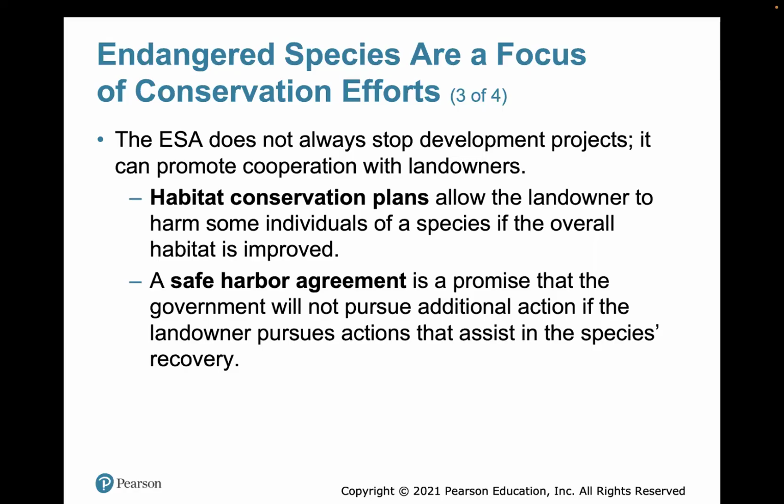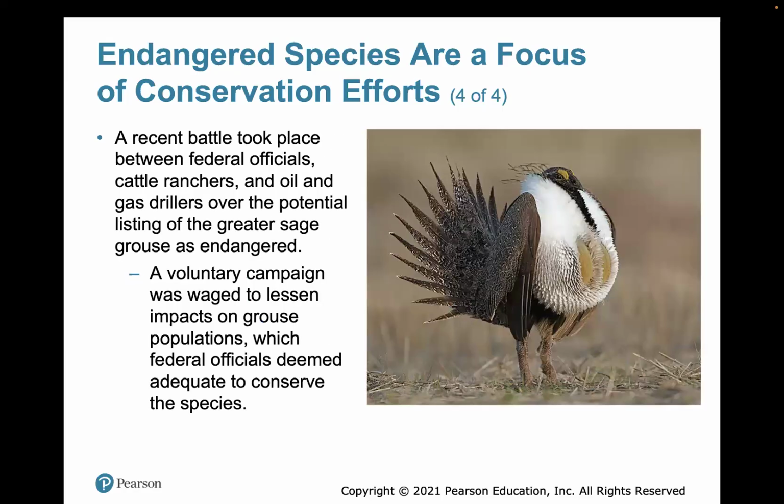An example of this is the sage grouse. This is the greater sage grouse. So this is an example of a cooperative public-private approach. This species was going to be listed as an endangered species, but a lot of people, ranchers, and the oil and gas industry were opposed to it because the restriction on land use across sagebrush regions of the West could complicate ranching and drilling activities.